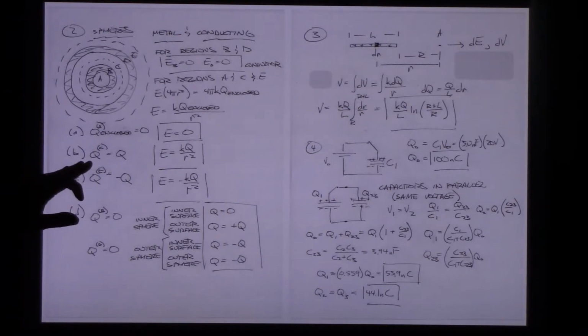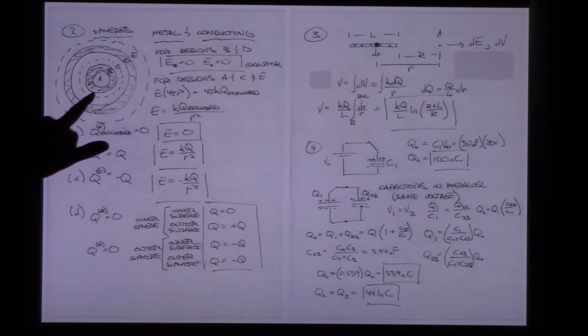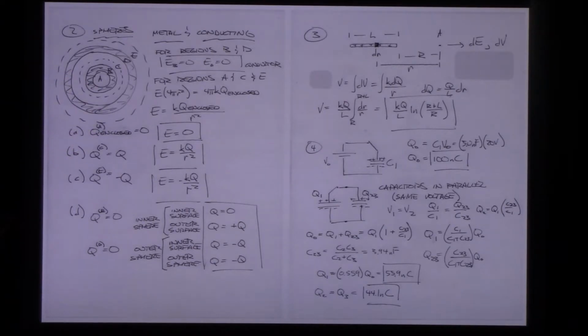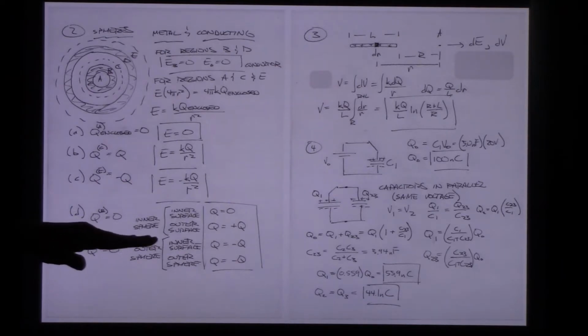Now, moving on to region B, once we're inside that conductor, the electric field needs to be 0. I guess we'll leave that.